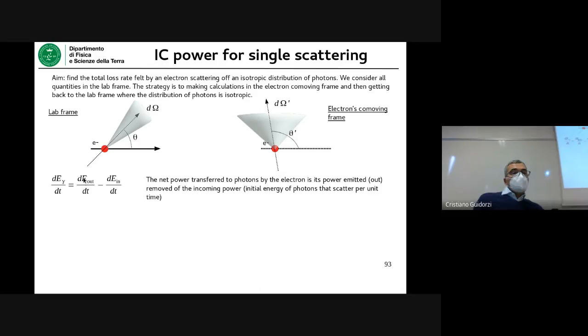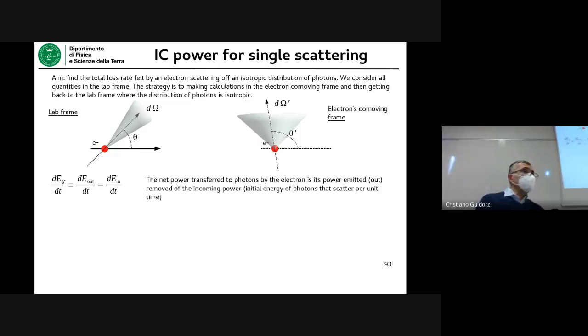dE out is the total energy of the photons that have been upscattered per unit time. But of course, you have to consider that that's not all the energy lost by the electron, because you have to remove the initial energy of the photon.